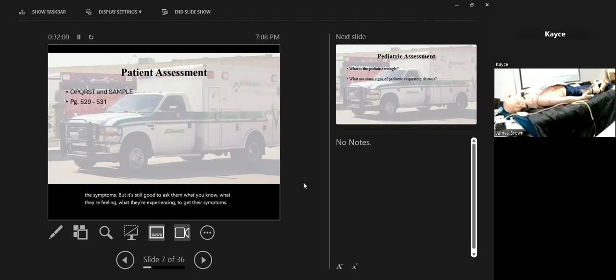So we can move on to allergies pretty quickly, can't we? Why do we want to know allergies? It could be an allergic reaction. Good, yeah, very much with breathing difficulties, that could be an allergic reaction.